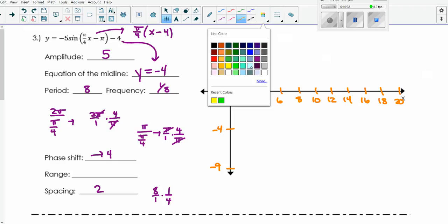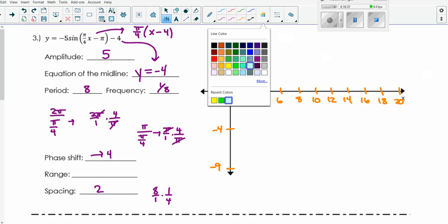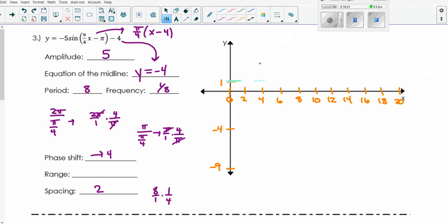Okay. Here is my maximum. Ooh, that's hard to see. All right, let's go back to yellow. All right, so here's my maximum. My midline. And my minimum.